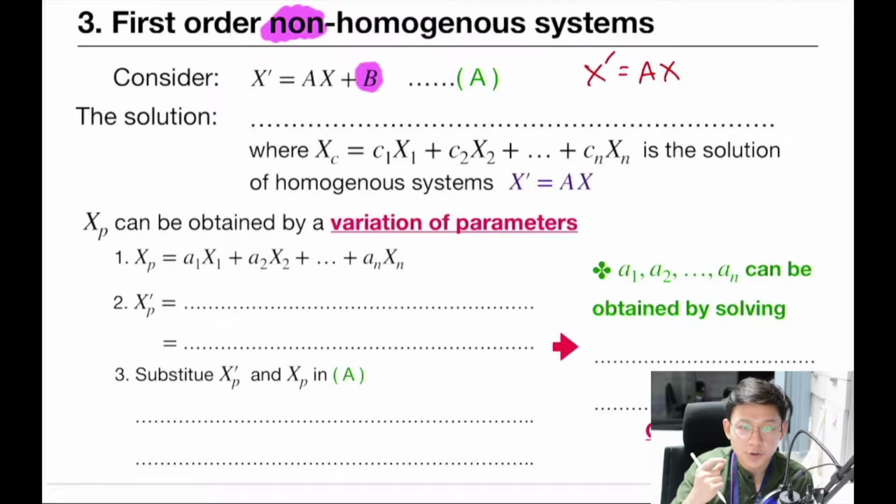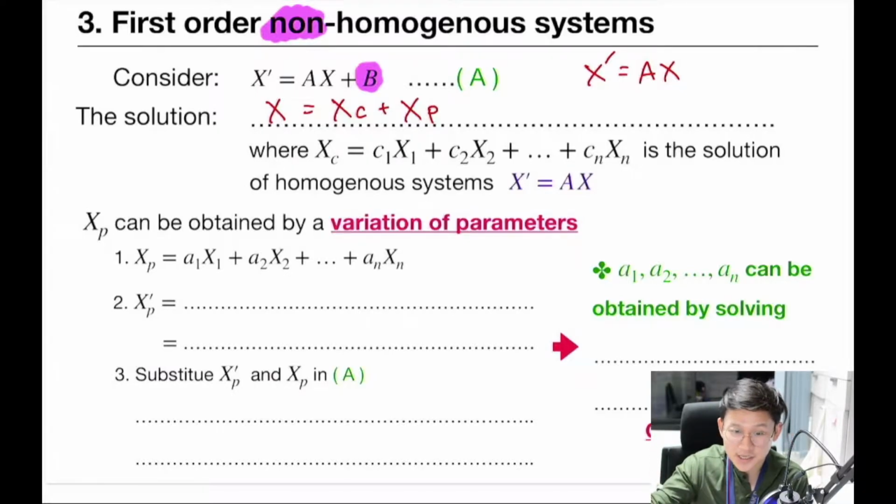Here we would need to come up with the solution. I will say the solution x is actually xc plus xp. Remember that in chapter 2 we did the same thing. We get xc and xp, and that's called the variational parameters.